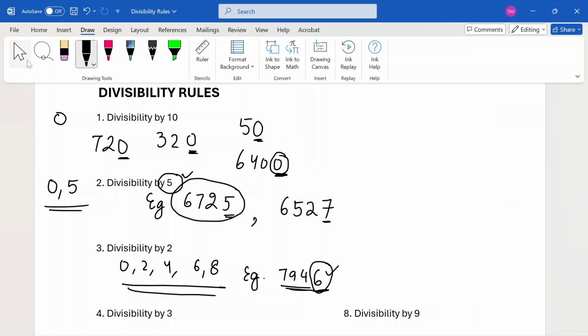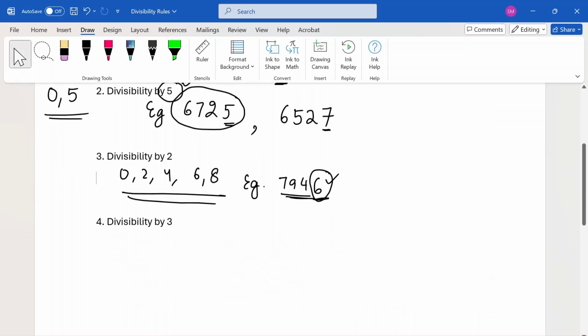Next rule, which is divisibility by 3. How do we check if a number is divisible by 3? We just add up all the digits. For example, my number is 732.